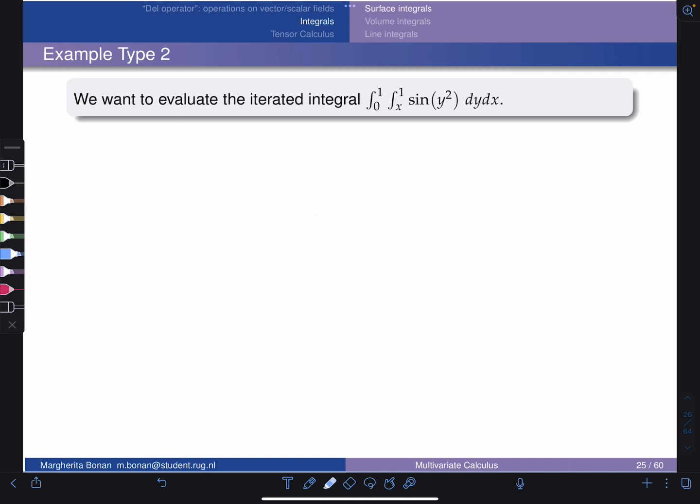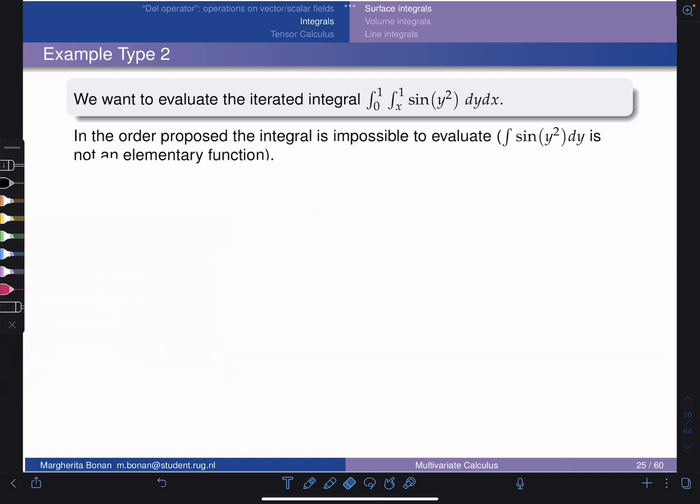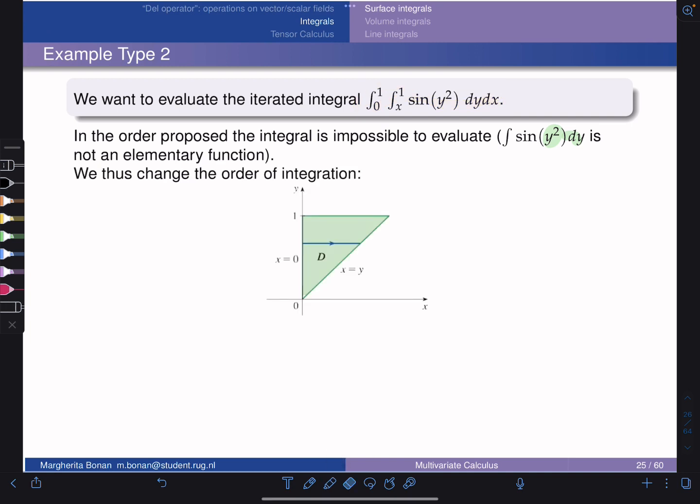Here we see instead that this would be a type 1 region, but it's not possible to integrate sine of y squared dy because this will not be an elementary function. To get a result from this integral anyways, we can change the order of integration.